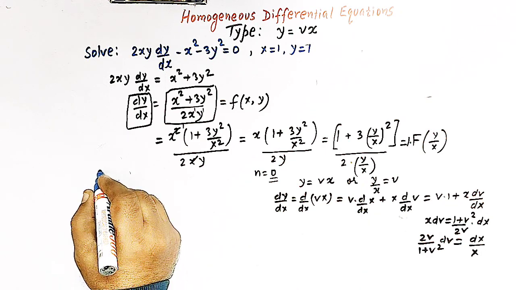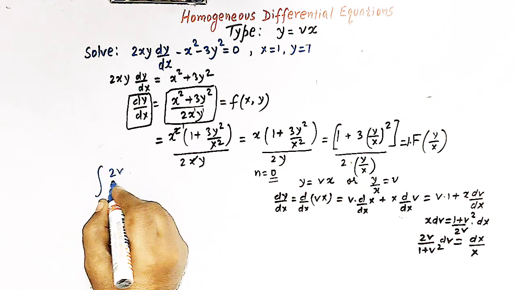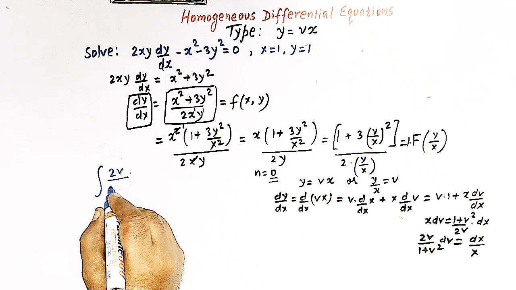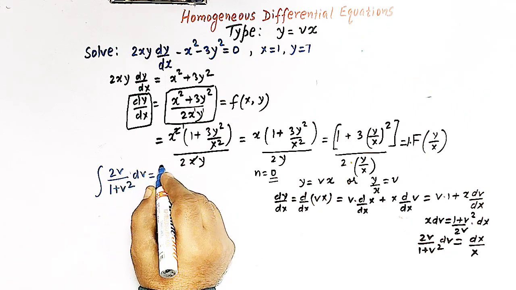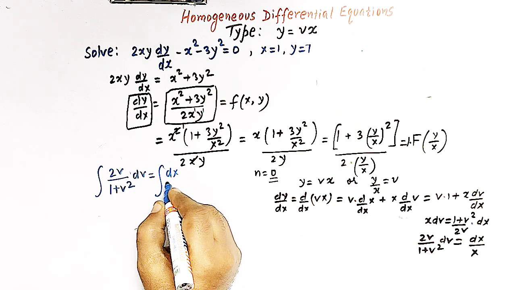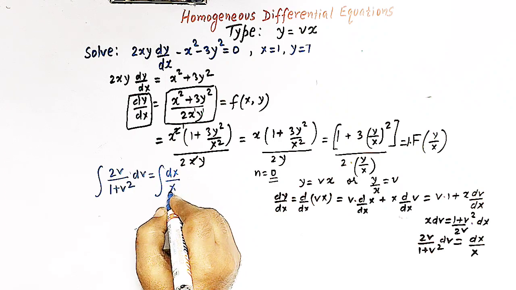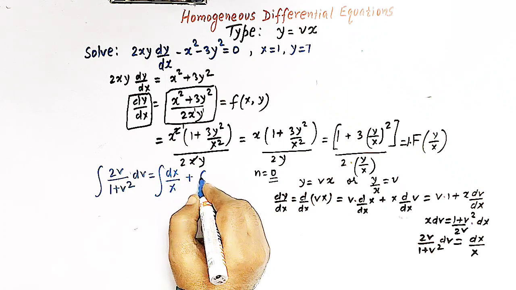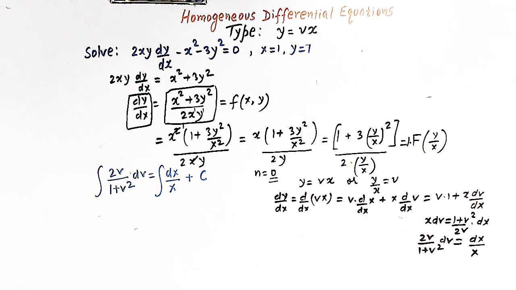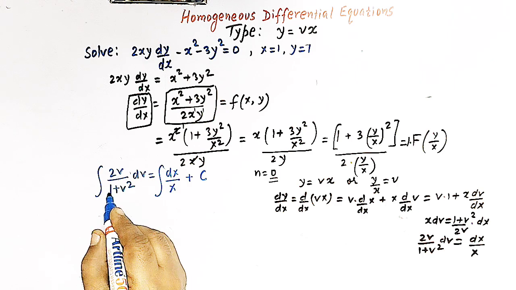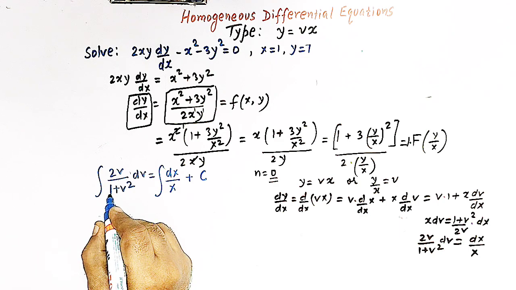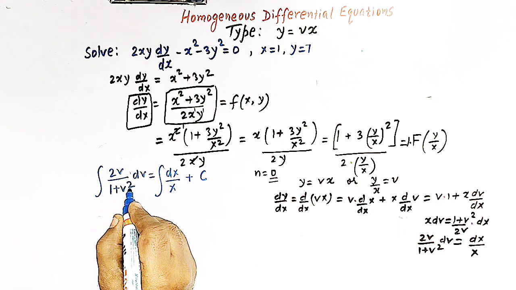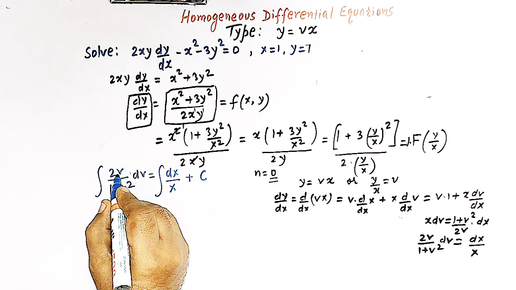So now we can integrate both sides. So we have integral 2v over 1 plus v square dv, and here we have integral dx over x, and here we can write c as the constant of integration. Now here we can see that the derivative of 1 plus v square exists in the numerator.